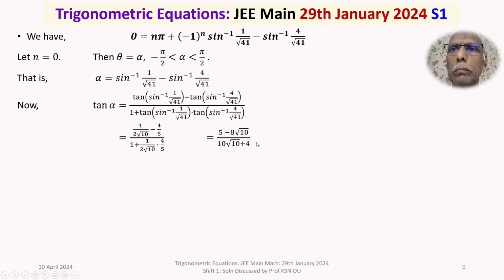Agreed. Now rationalize the denominator. The denominator factor is 10 root 10 minus 4. Multiply and divide by that.